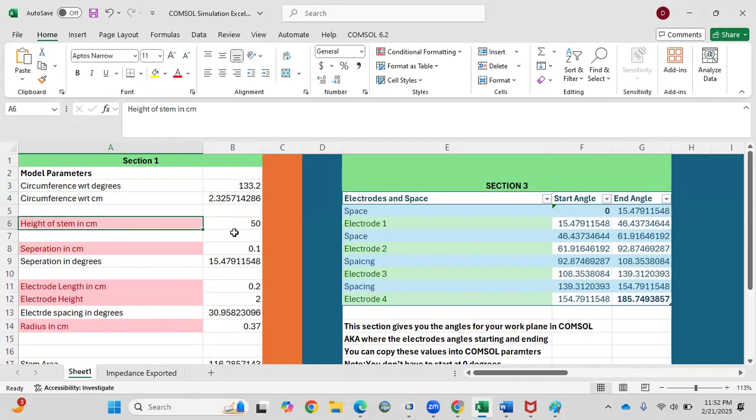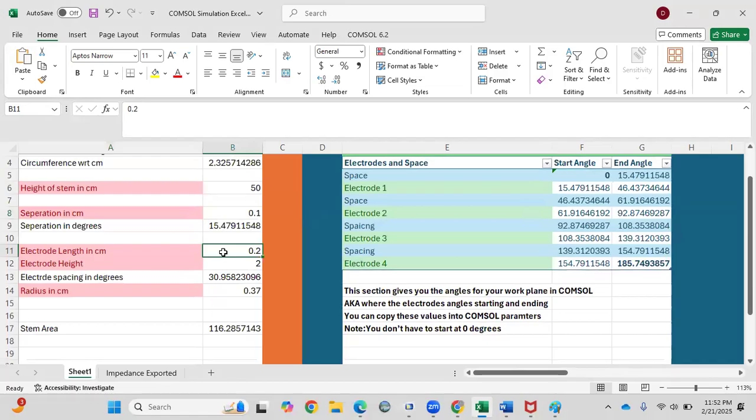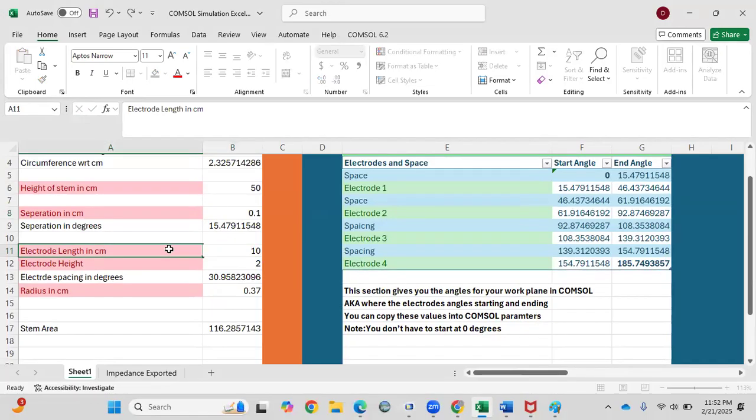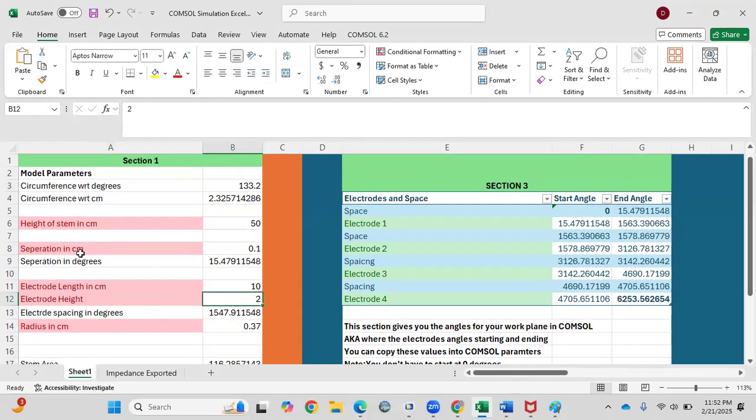So the height, I think the height was still 50. The separation, we will come to this just now. So the electrode length was 10 centimeters height. So the electrode is basically what is connecting to the stem. So let's go through that.